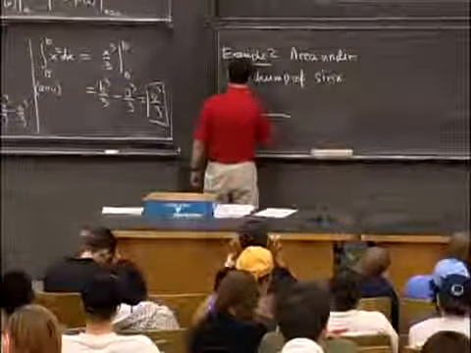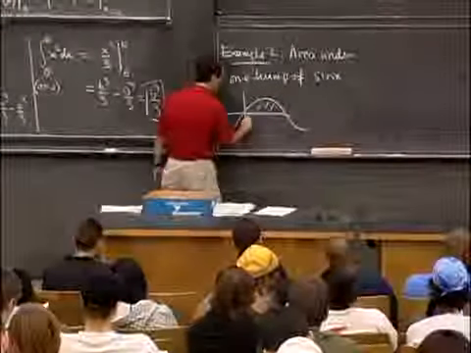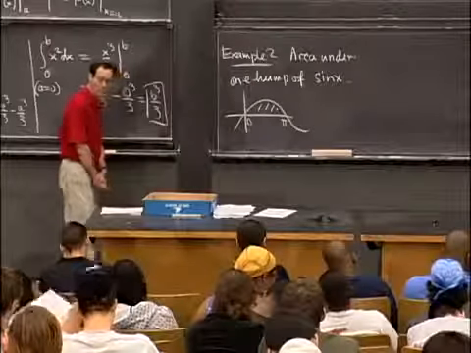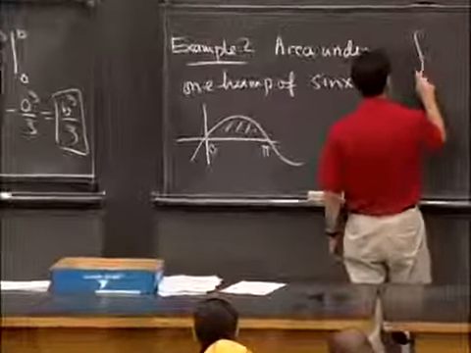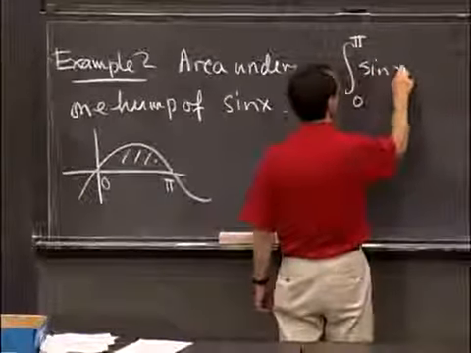Let me just draw a picture of that. The curve goes like this, and we're talking about this area here. It starts out at 0. It goes to pi. That's one hump. And so the answer is the integral from 0 to pi of sine x dx.